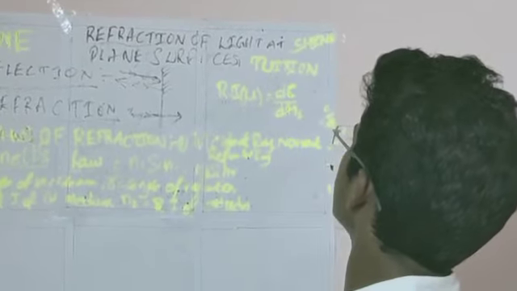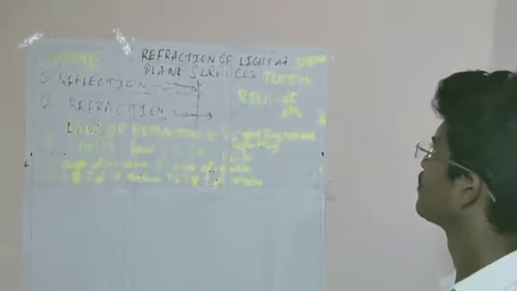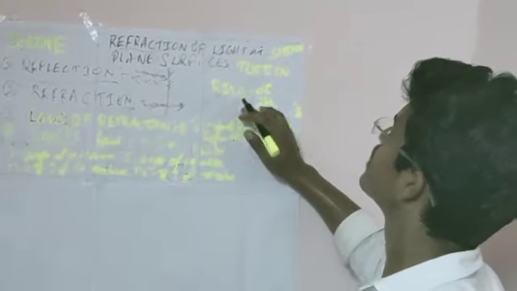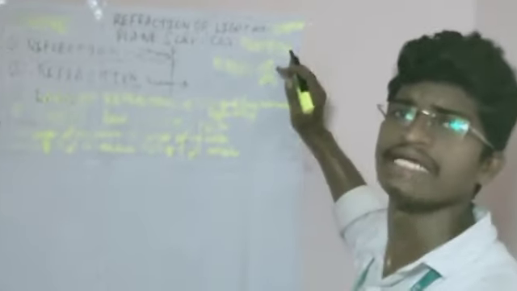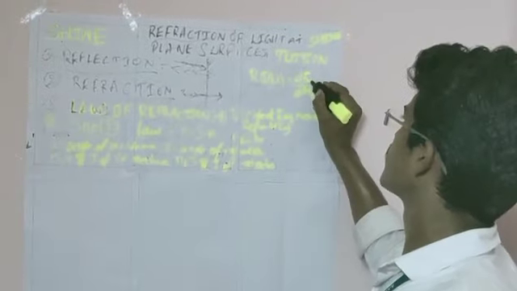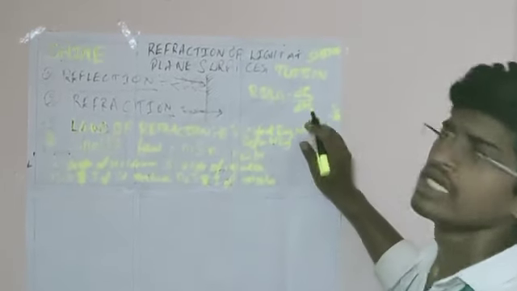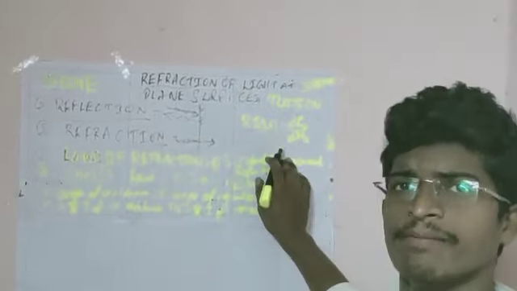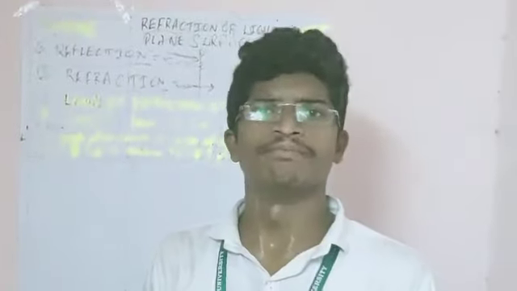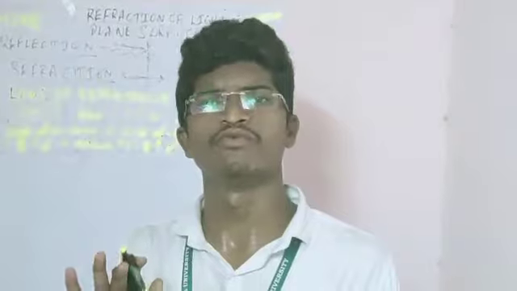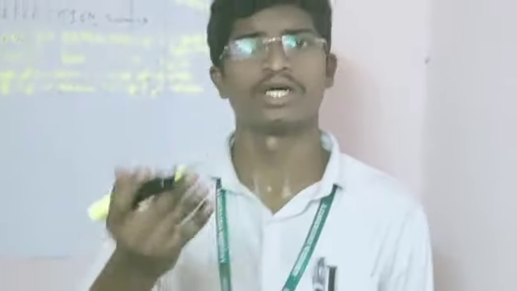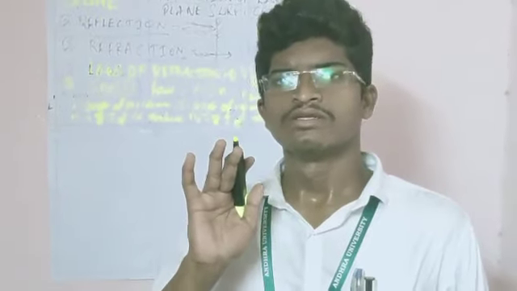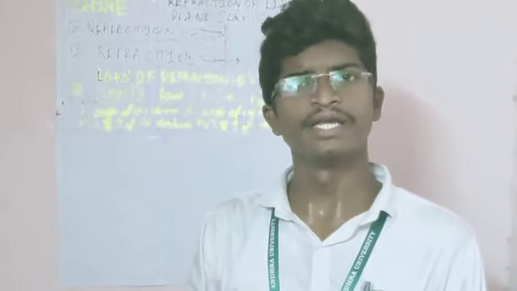Here the refractive index mu is equal to the ratio of speed of light in vacuum to the speed of light in medium. Whatever may be the medium, whether it is plane or curved, whether it is air, water, kerosene, whatever may be the medium or media.